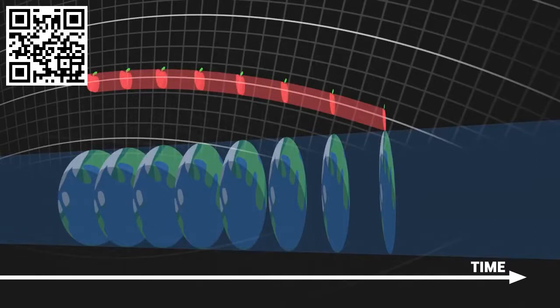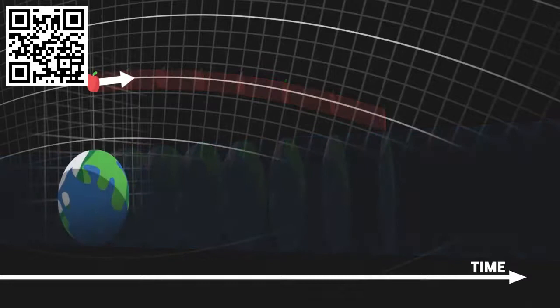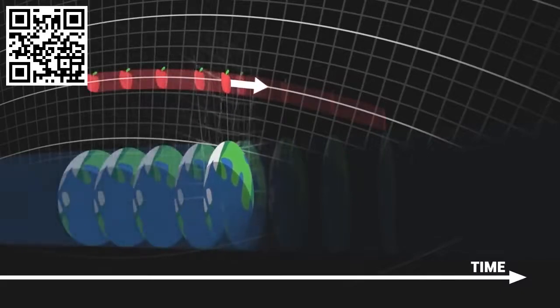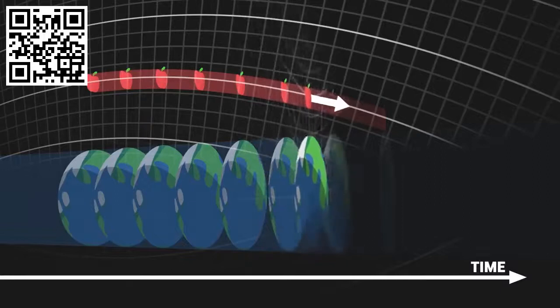We therefore understand that if the apple falls towards the ground, it is because it started with a speed through time. The curvature of spacetime generated by the Earth has merely converted this temporal speed into a spatial speed.